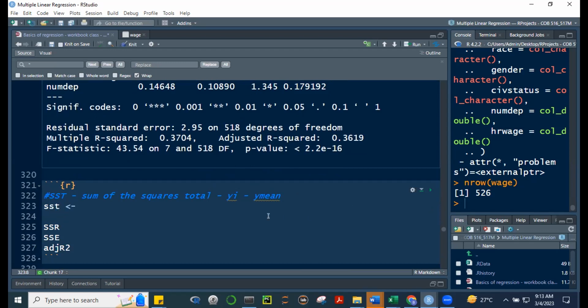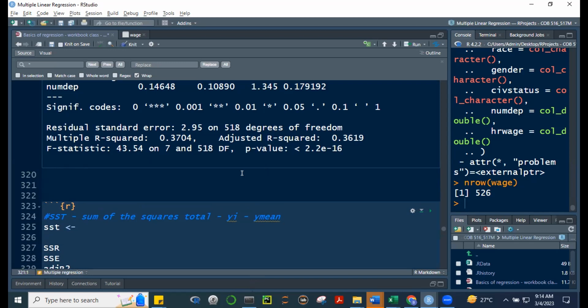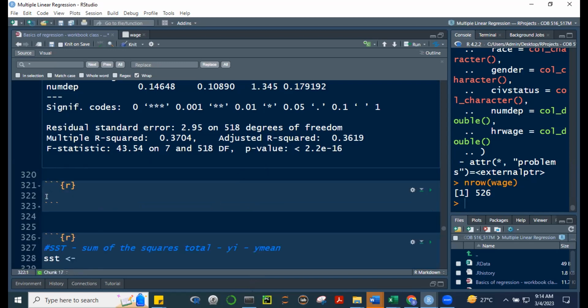SST is equal to... do I have y sub i yet? I'll add it here. I'll call it yi, from the hourly wage.